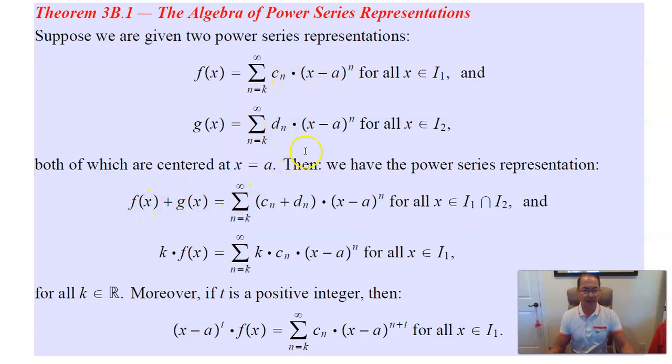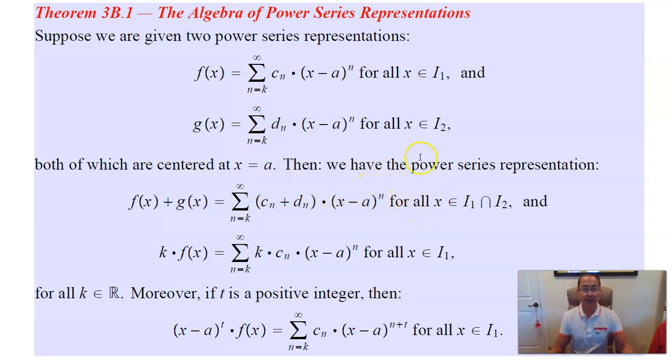On the right side, when you add these two series together, they have a common factor of x minus a to the power n. So their coefficient is simply going to be cn plus dn. So you have summation n equals k to infinity, the same starting point for both series, and the coefficient is cn plus dn times x minus a to the power n.